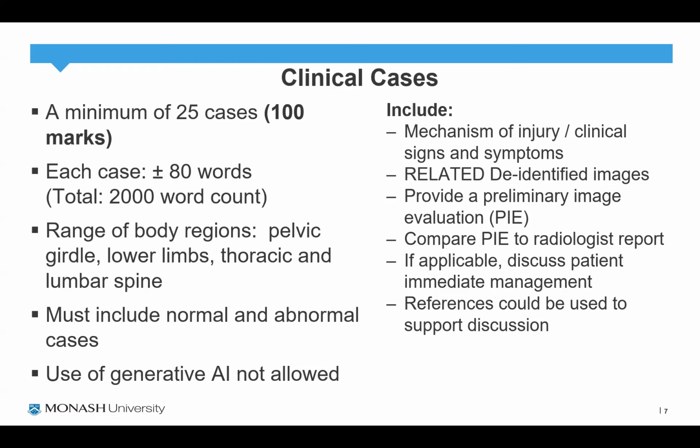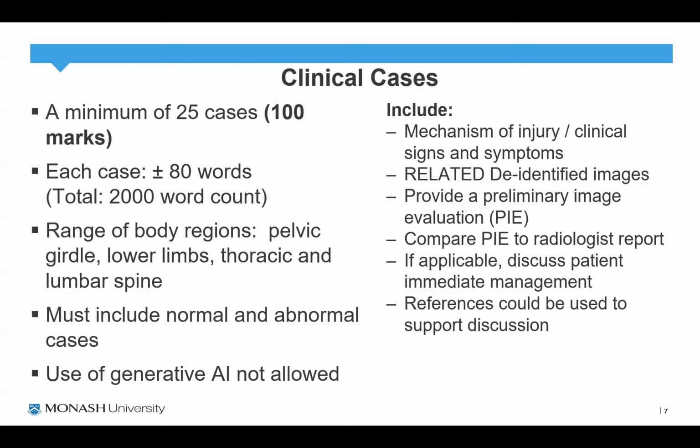And then, as mentioned already, you have to include normal cases as well as abnormal, and make sure that you have a variety of cases that covers the body regions. And also AI is not allowed. I don't think you can actually use AI even if you want to in cases like these. So what you need to include in your case is the clinical indications, for example, the mechanism of injury, your de-identified images, and then write up your preliminary report and compare that to the radiologist reports.